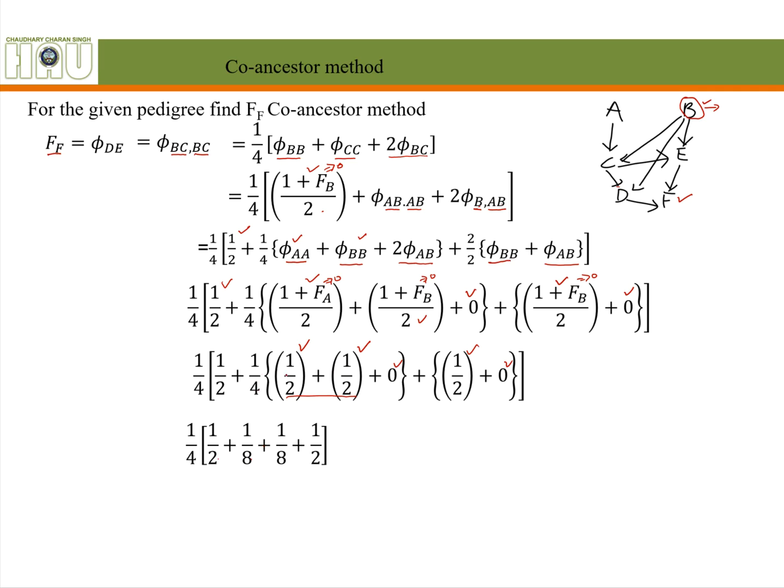So 1 by 4 multiplied by 1 by 2 is 1 by 8, plus 1 by 2. On further simplification, if I take the LCM, 8 is my LCM. So 4 plus 1 plus 1 plus 4. So it is 1 by 4 into 10 by 8. So this is 2 and this is 5. So it is 5 by 16.